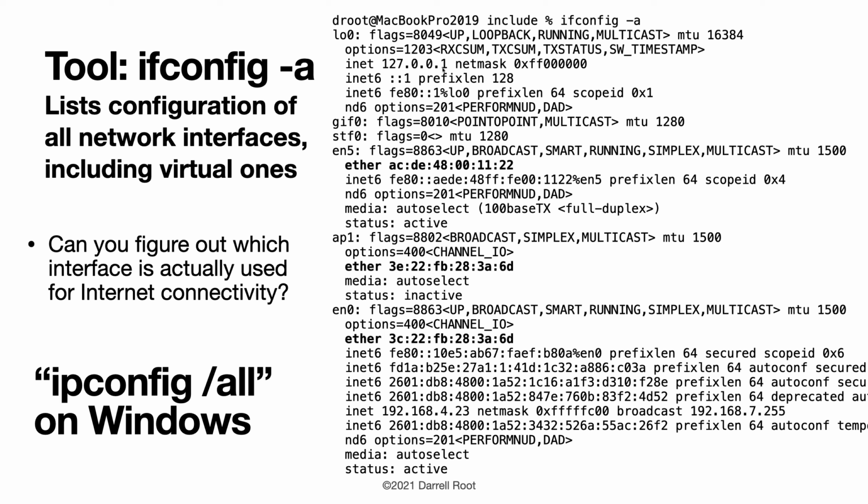If you have a client and a server application running on the same computer, you can test them both by setting 127.0.0.1 as your destination for your network communication socket. So ifconfig -a on Unix, which includes Mac OS and Linux, ipconfig /all on Windows.